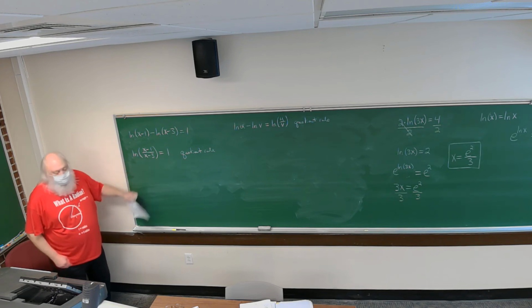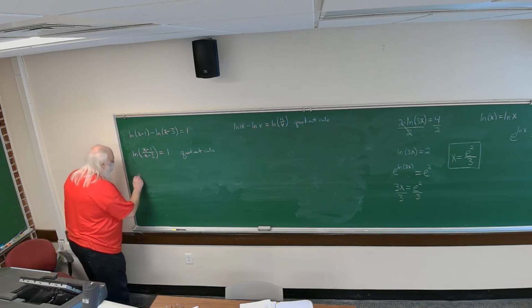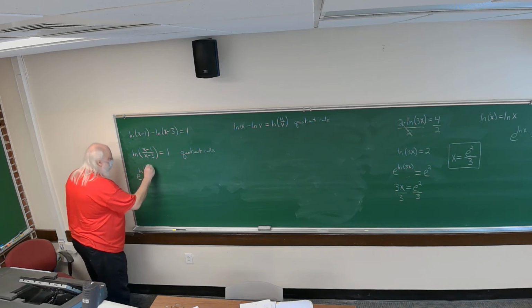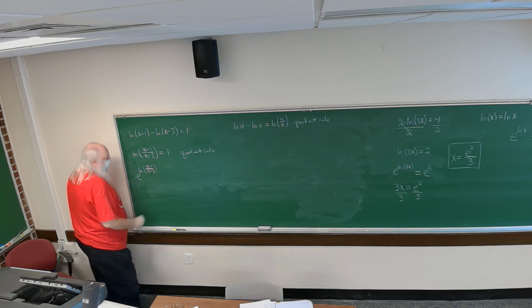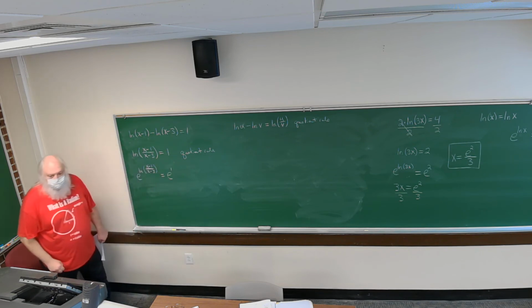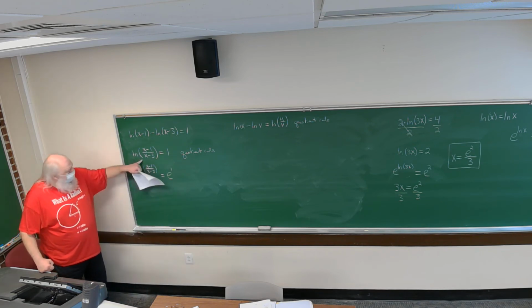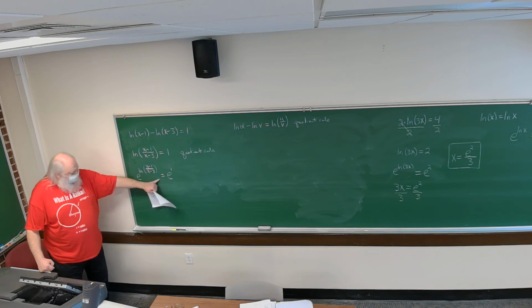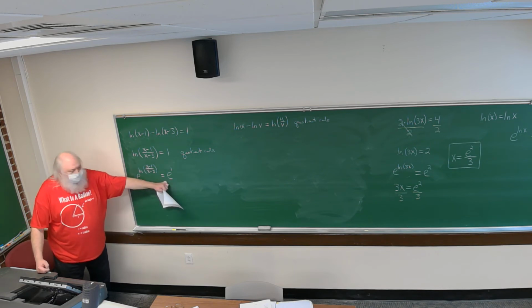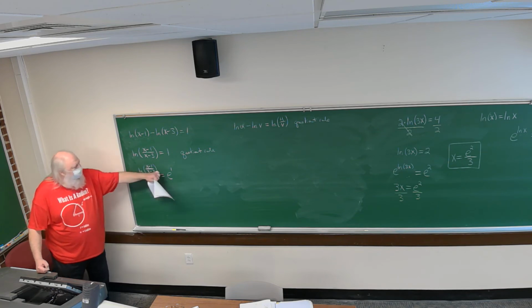So we have e raised to the natural log of x minus 1 over x minus 3 is equal to e to the first power. Now I have an exponential on the left, an exponential on the right, same base, so the exponents have to be equal.